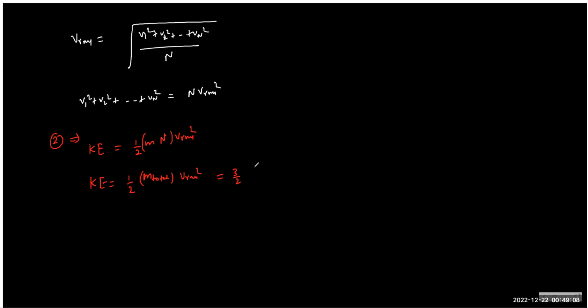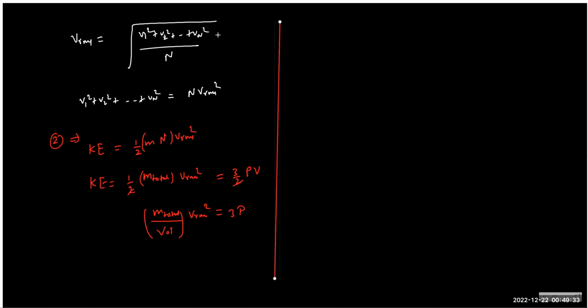So we have the answer. This kinetic energy was how much? 3/2 PV, right? This cancels out. So total mass upon total volume into VRMS square is called, can you say this is 3P? Yes, sir.